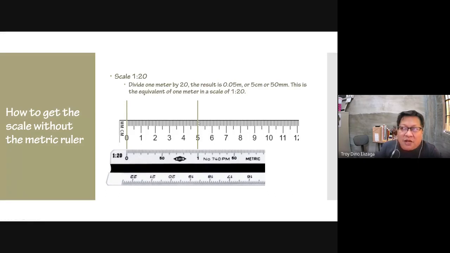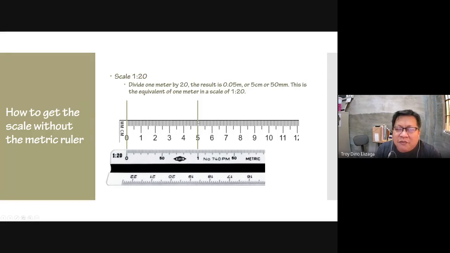So if you're going to draw a line which is 1 meter in the real world, and you're going to draw it on your paper in a scale of 1 is to 20, you either follow your triangular metric scale, you have a 1 here, or if you don't have that, you can use an ordinary ruler, 1 is to 1 in centimeters. You just mark off 5 as your 1 meter.